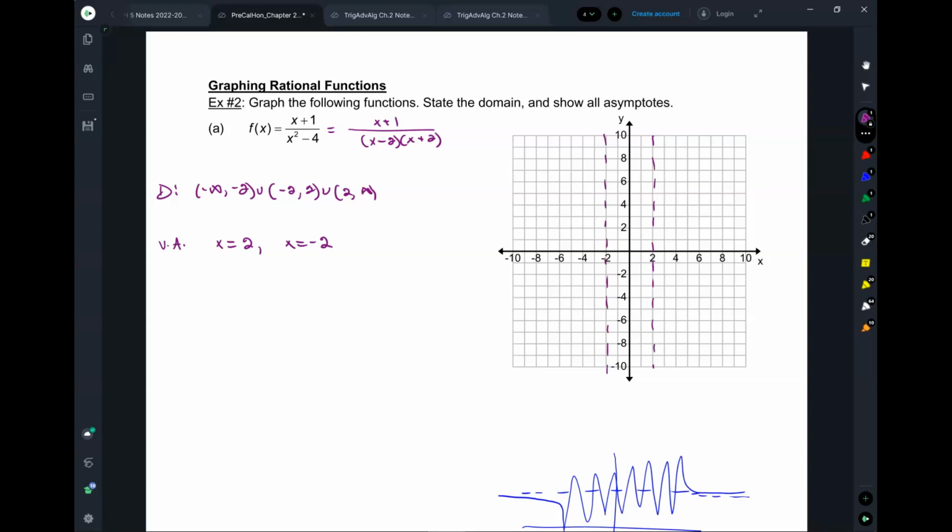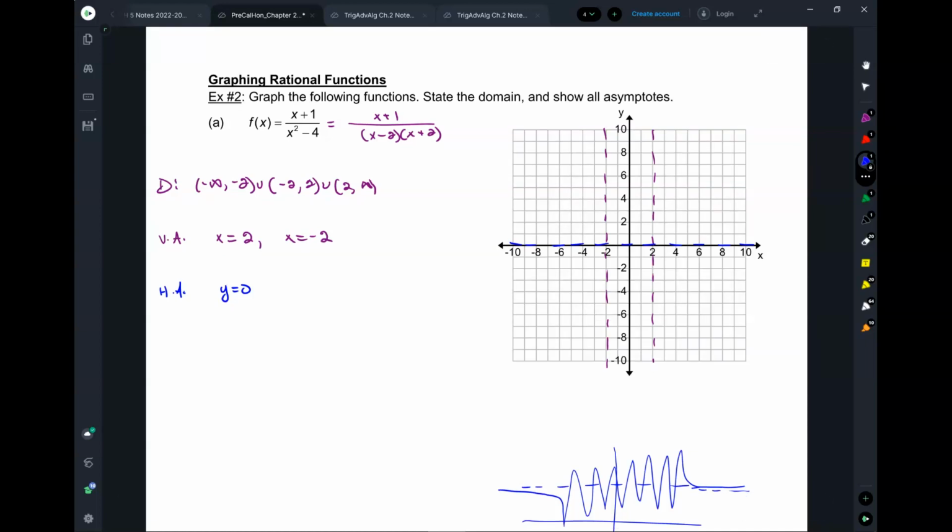Okay? All right, somebody raise your hand and tell me if there are any horizontal asymptotes. Yep, 0, right? What equals it? Y equals 0. Good. Now, what we have is 3 regions of this.